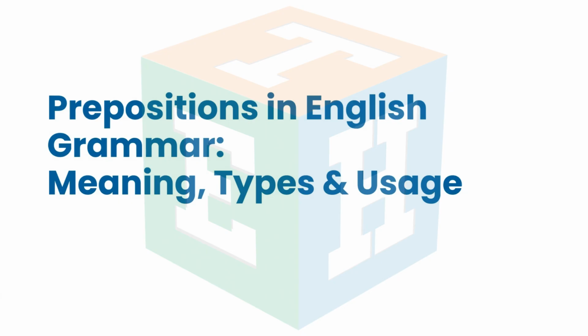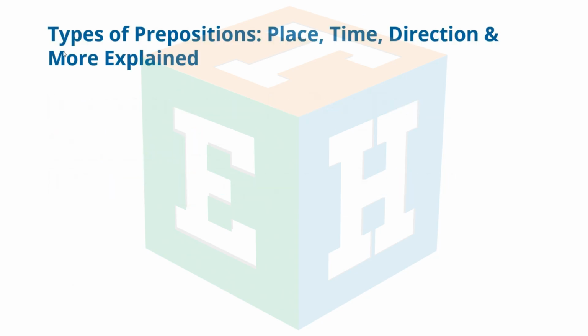Like art. And today we shall be talking about prepositions in English grammar, meaning, types, and usage. Let's dive in. Types of prepositions: place, time, direction, and more explained.